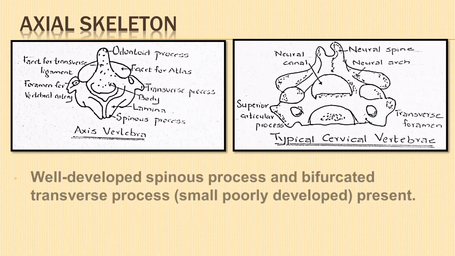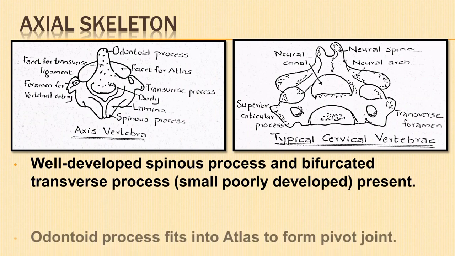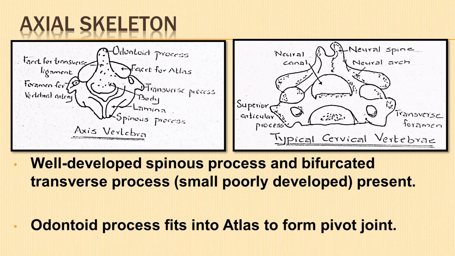The axis vertebra shows the presence of a well-developed spinous process along with a bifurcated transverse process which is small and poorly developed. The odontoid process fits into the posterior concavity of atlas and forms a pivot joint.